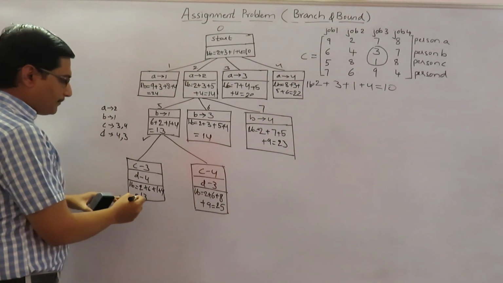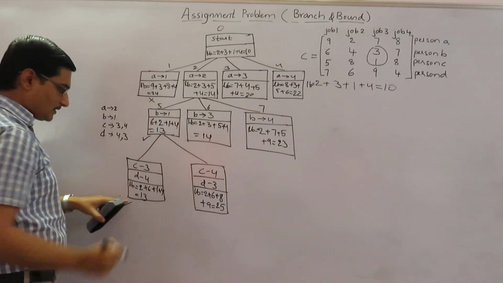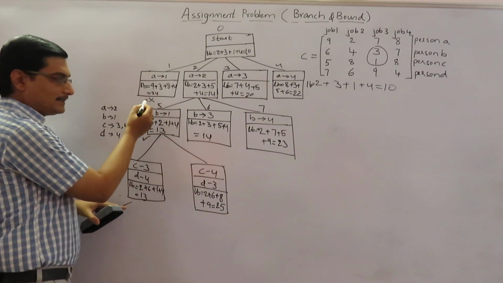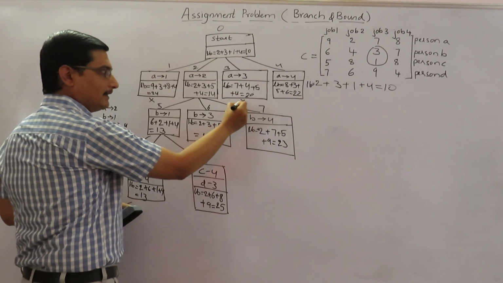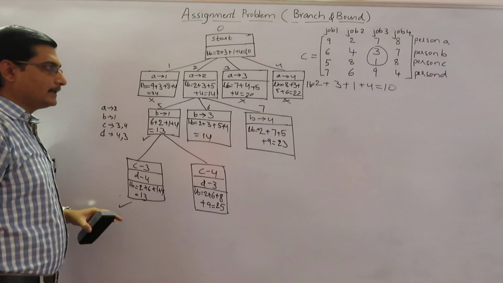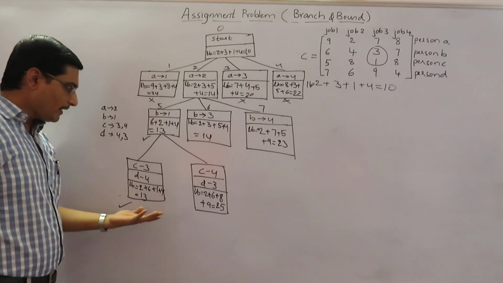See that compared to this one, this is not promising, because compare this with the value we are getting. So this has become dead now, it is not live. This value is 20, again it will become dead. This is 22, it has become dead, because we have assigned A, B, C, D also, but we have got 13.